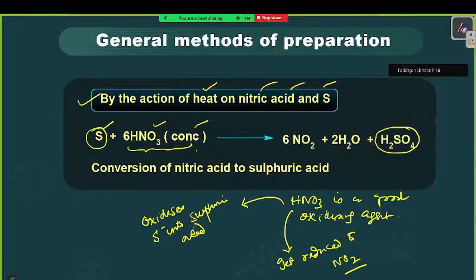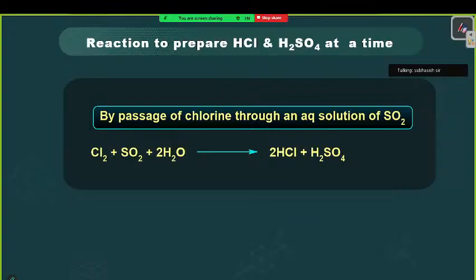Now we move on to the next method, where we see a reaction in which both acids, sulfuric acid and hydrochloric acid, are produced in the same reaction.